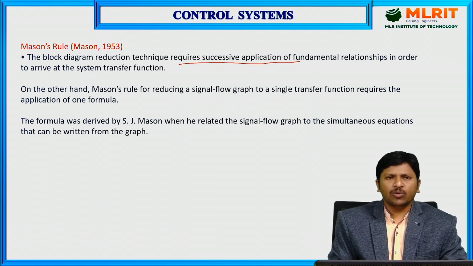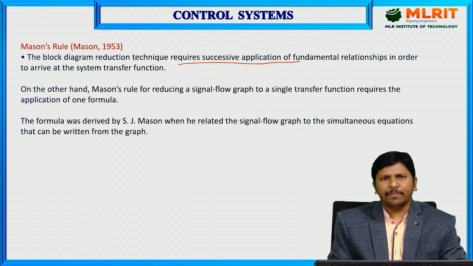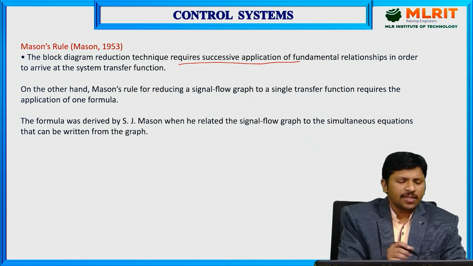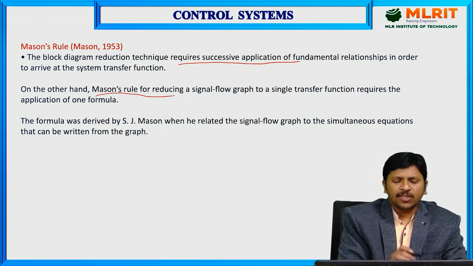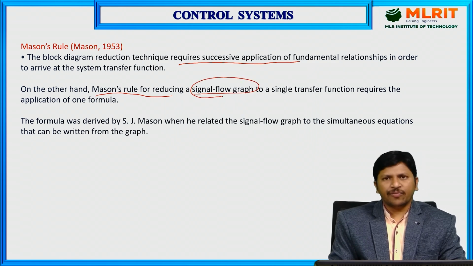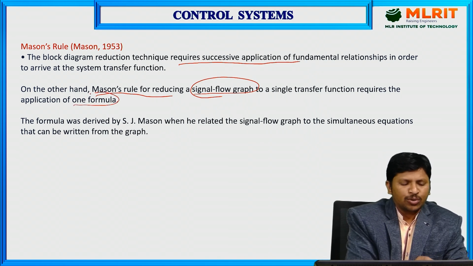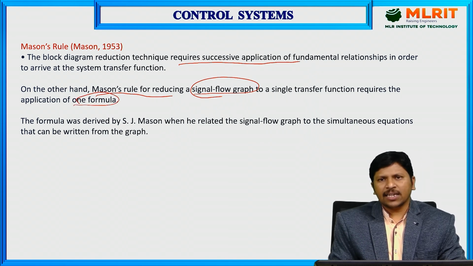On the other hand, Mason's rule for reducing the signal flow graph to a single transfer function requires the application of one formula only. Simply, we use one formula for the calculation of the transfer function in a signal flow graph, which was developed by S. J. Mason.